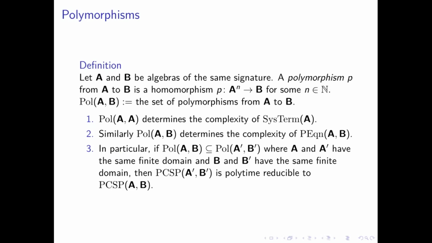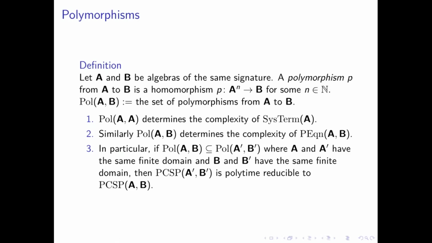The same holds for relational structures and the language that I have here. So you can think of A prime, B prime as having fewer operations than A, B. When you throw in more operations, say you expand A prime and B prime to get A, B, it makes it harder to solve a system of equations.